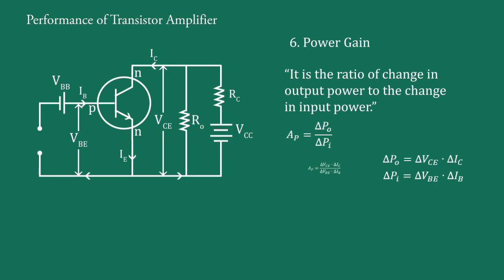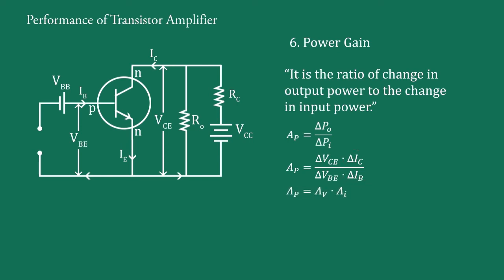Therefore, we can write AP equal to delta VCE into delta IC upon delta VBE into delta IB. Since delta VCE upon delta VBE is voltage gain AV, and delta IC upon delta IB is current gain AI, therefore, AP equal to AV into AI.